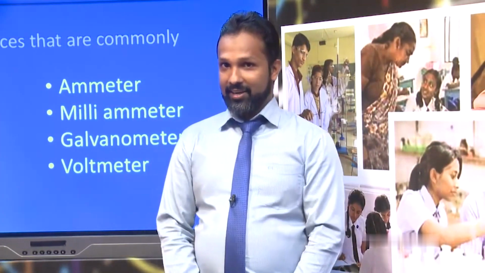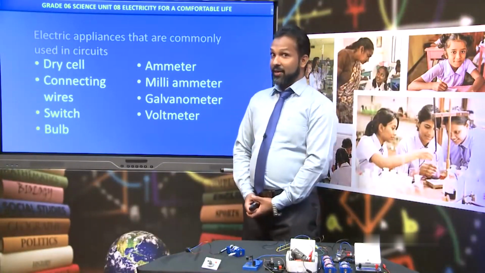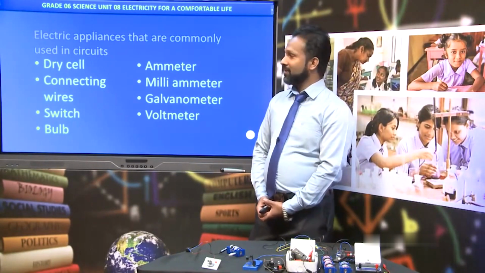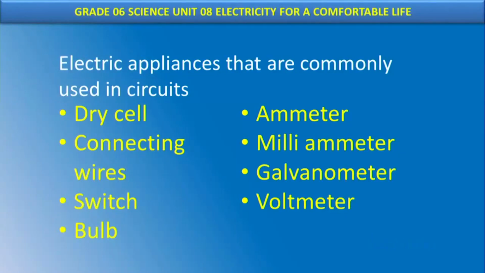First of all, we can study all the accessories that we are going to discuss here. First of all, dry cell. You can remember what a dry cell is. In the previous lesson also you studied about the dry cell. Second one, connecting wires. Third one, switch. We have to use switches when making circuits.